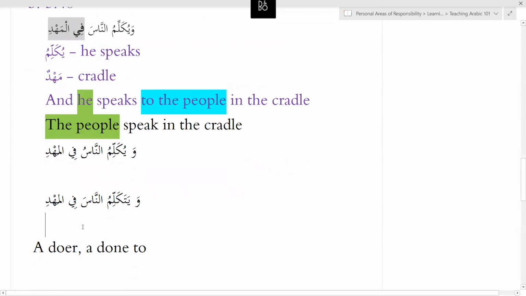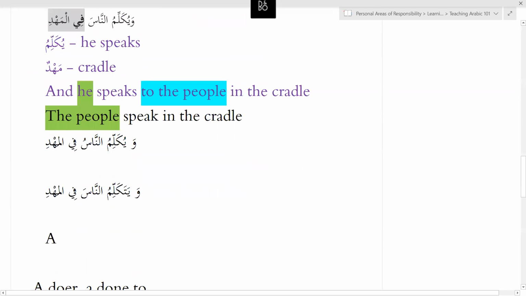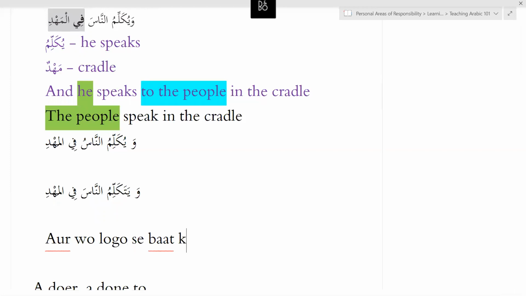Well, let's take a simple और वो लोगों से बात करते हैं. So you'd say और वो लोगों से बात करते हैं.